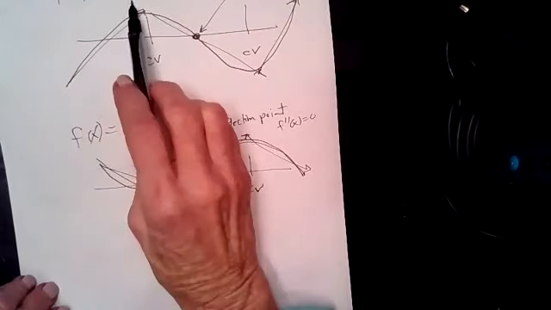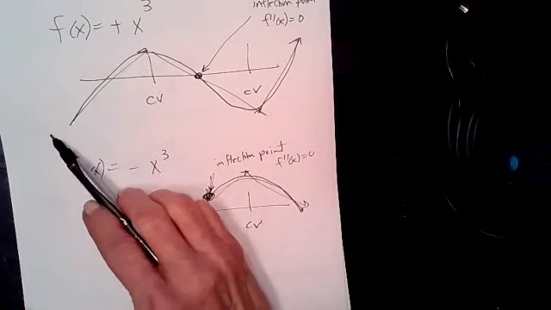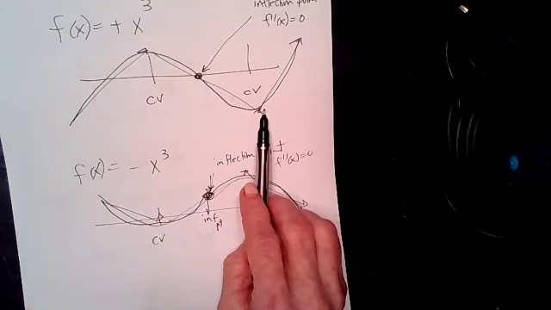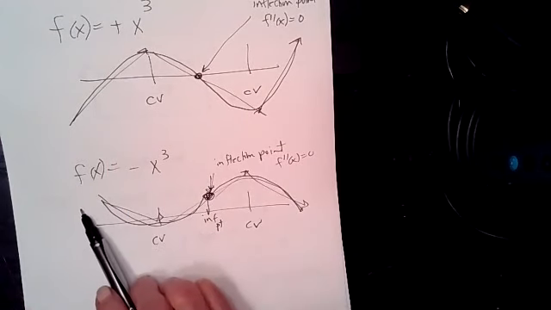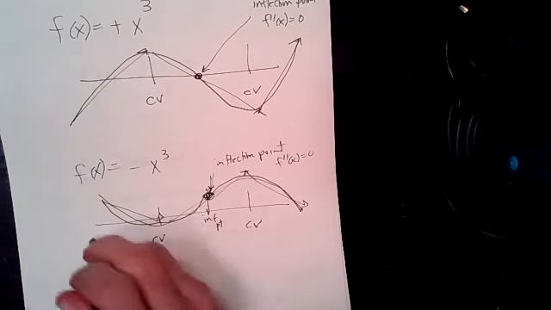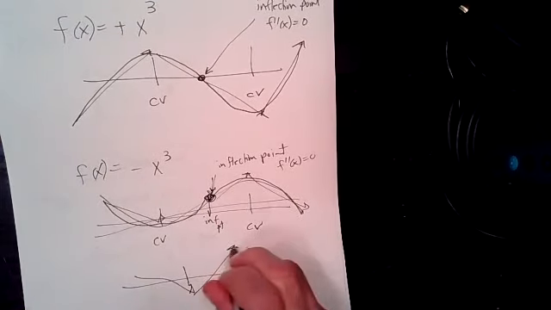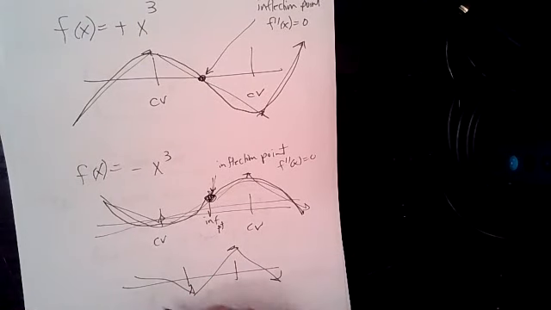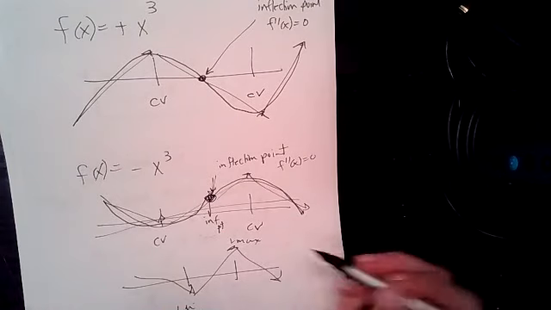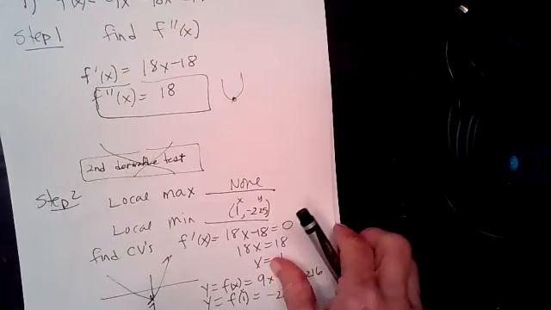I have a positive x cubed, and my two critical values, I'm always going up, down, up. So I have a local max, local min. And if I have a negative x cubed, it always goes down, up. It goes down, up, down. Okay, so that's my local min, and that's my local max. So if I remember what these four functions look like, I'm in pretty good shape.